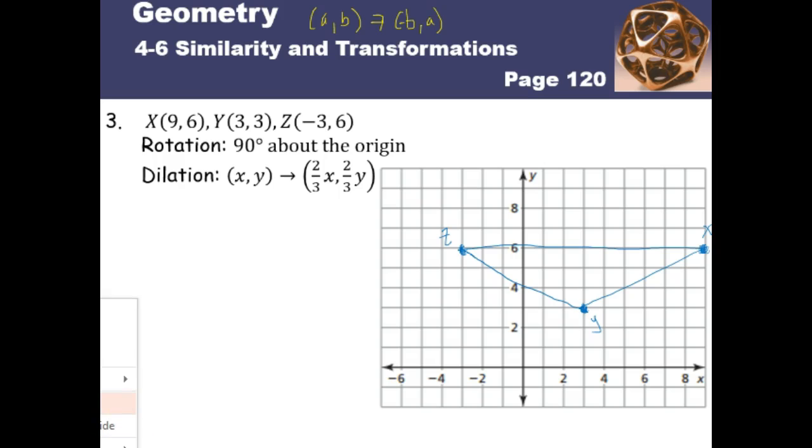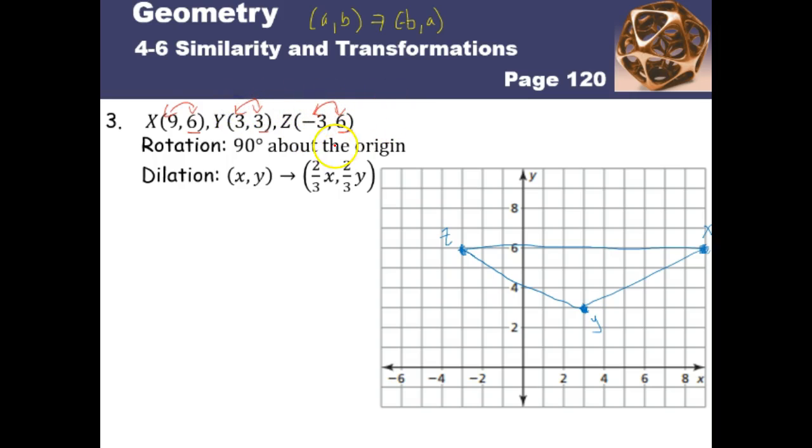So we'll do this in red. They're going to trade places, and the second value, which is the original y value, is going to change sign. So I'm going to underline those so I remember that's the one that changes sign. But they're also going to flip.